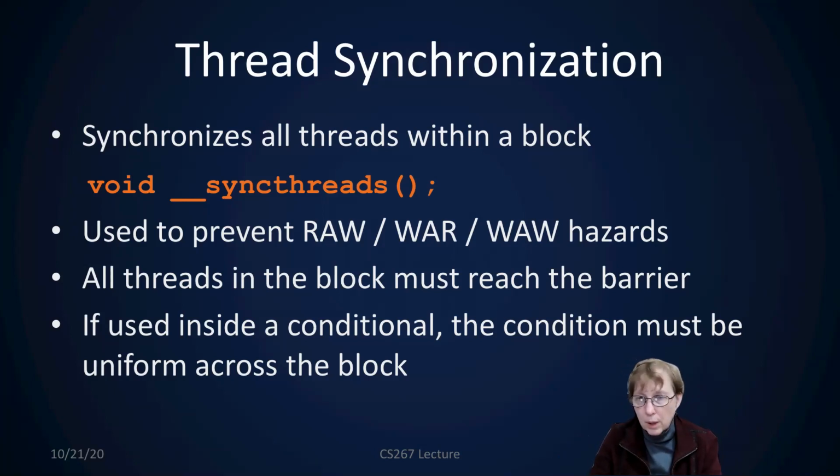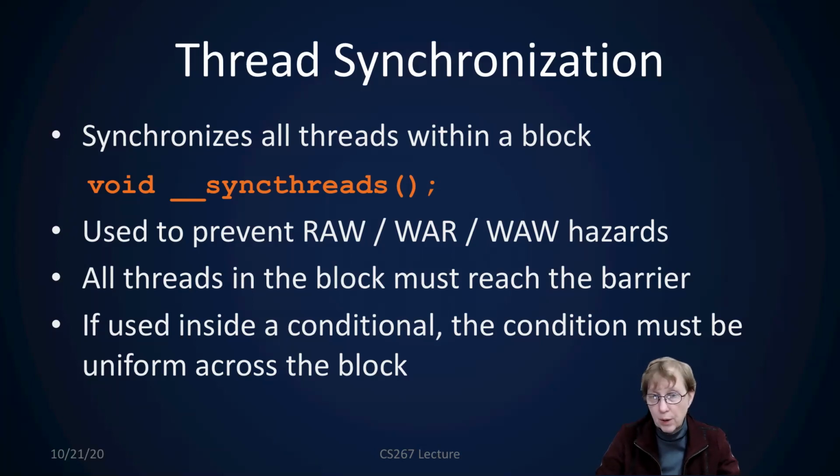And that can avoid all different kinds of races, read and write hazards, where you're either trying to write something simultaneously, or, in this case, you have a read after a write, and you're trying to make sure the read really gets the updated value of the write after the halos have been filled in. So this says that all the threads in the thread block have to reach the barrier before any can pass it.